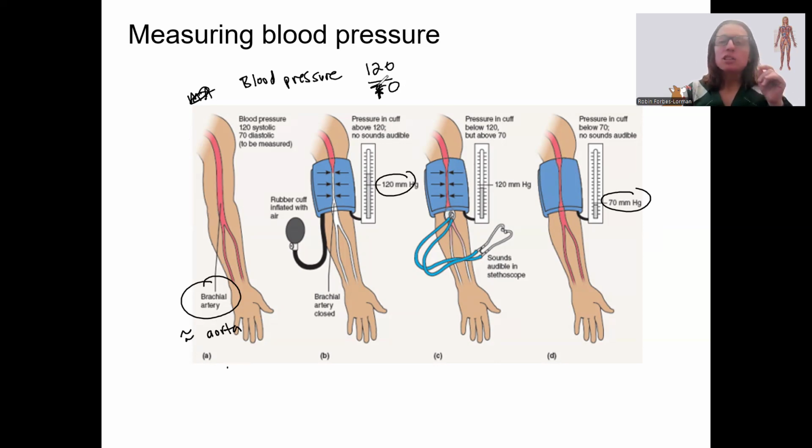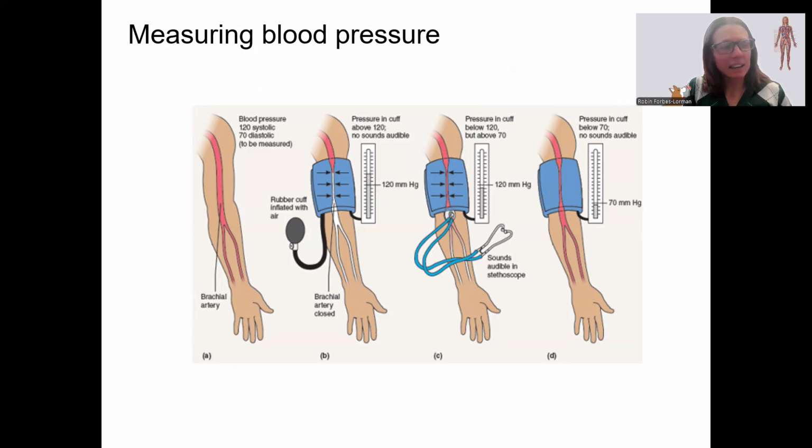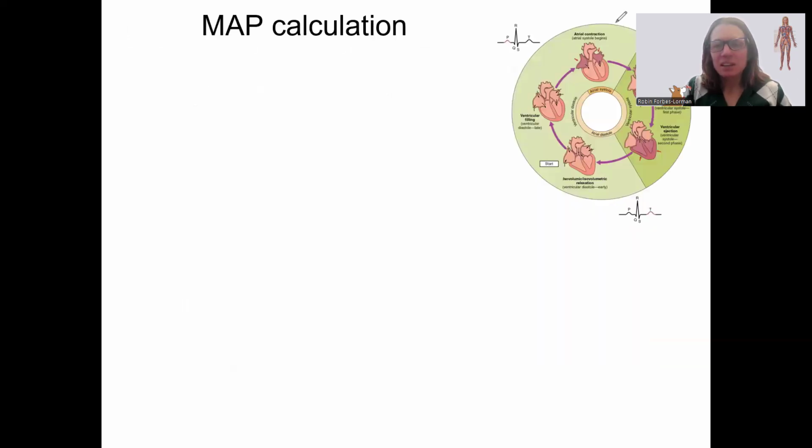Okay. So if we want to calculate mean arterial pressure, how do we do that? So first of all, it's not just an average of these two numbers. So we're not just going to take 120 plus 70 and divide by 2. We're not going to do that. Let me switch to the next slide and do this here.